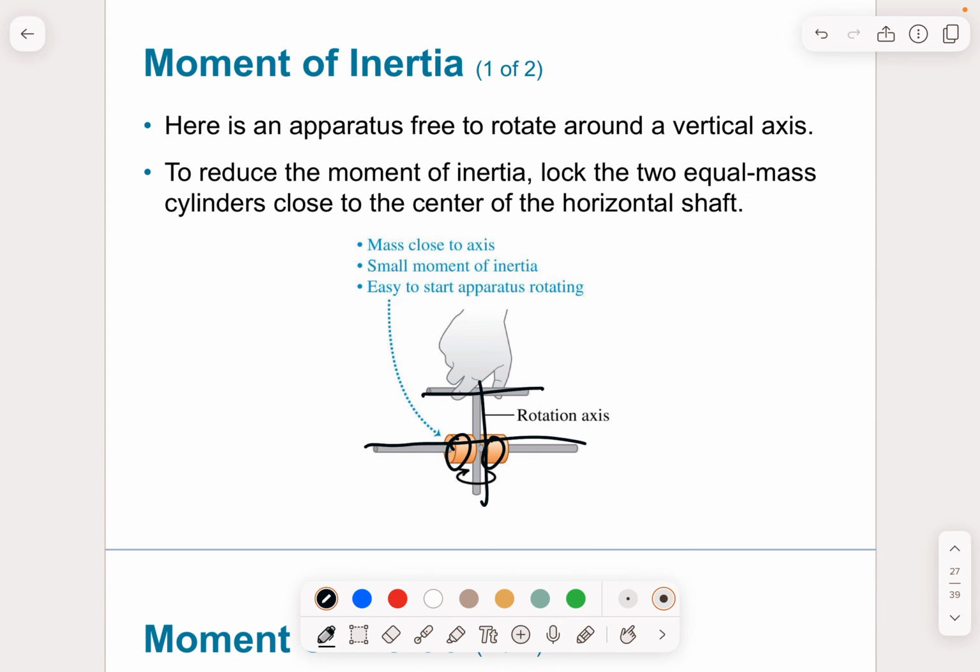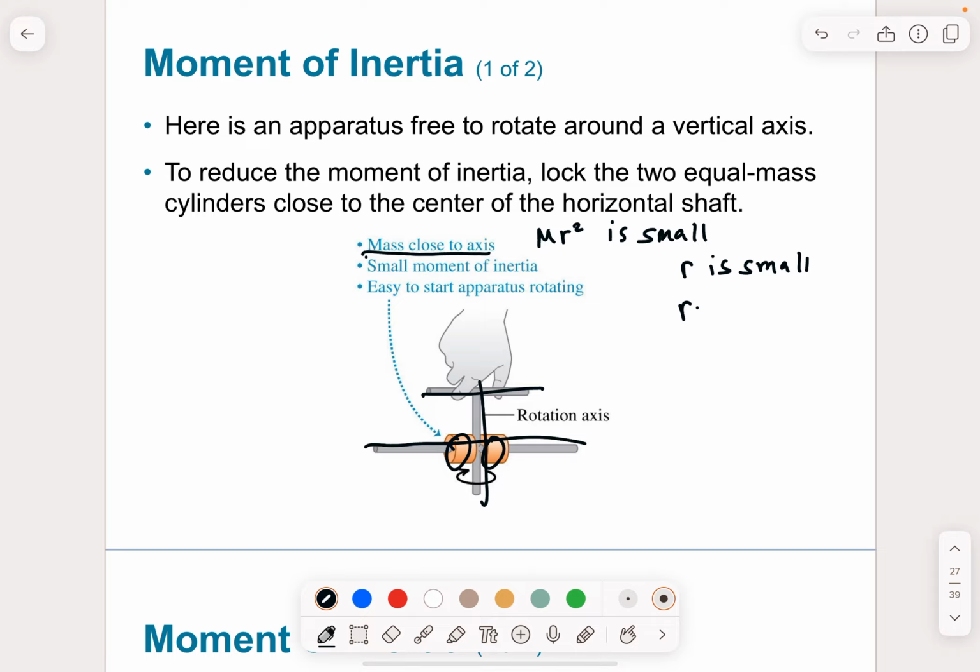What that means and what that's going to feel like, if you're imagining it, is it's going to be relatively easy to start the apparatus to rotate, okay? The masses are close to the axis, meaning your quantity mr squared is small, right? Because r is small. It's a short distance away from the axis.